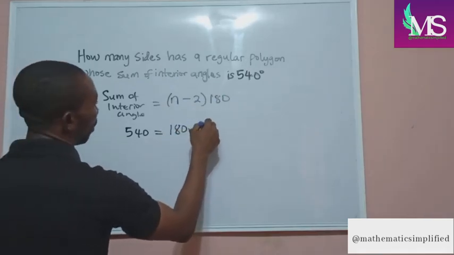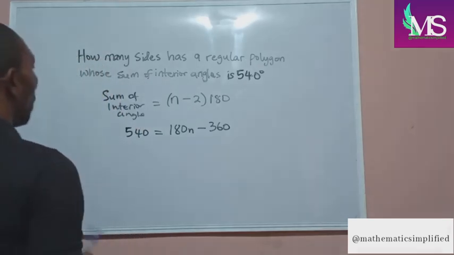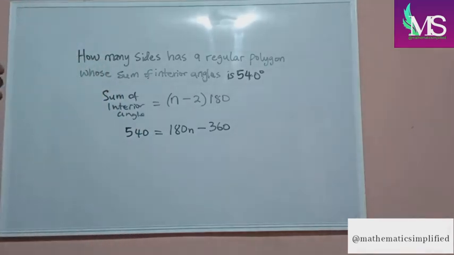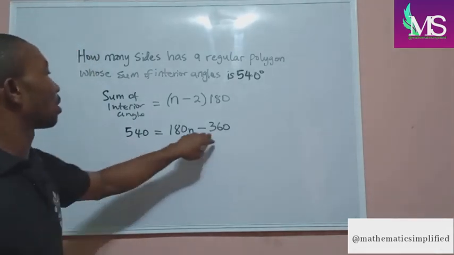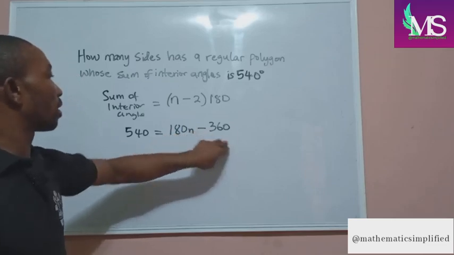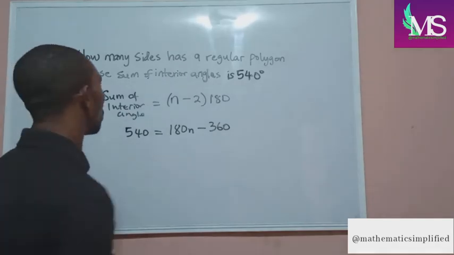180n minus 360. Okay, now next thing we are going to do, we are going to collect our like terms. These two are common, they are without an n, so we'll move 360 over to this other side, that is add 360 to both sides.